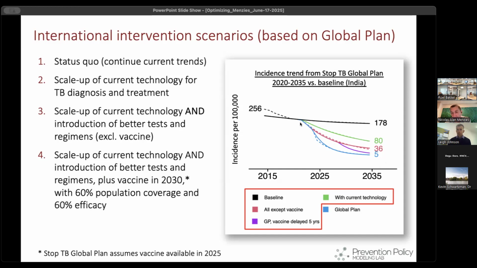The blue line includes everything plus a TB vaccine, and the purple line is saying, well, what if a vaccine arrives somewhat later? At the time the Global Plan was developed, it was anticipated a vaccine might be available in 2025. Clearly, we don't have one yet. So this is saying, well, what if a vaccine were available in 2030, which creates these different policy scenarios?